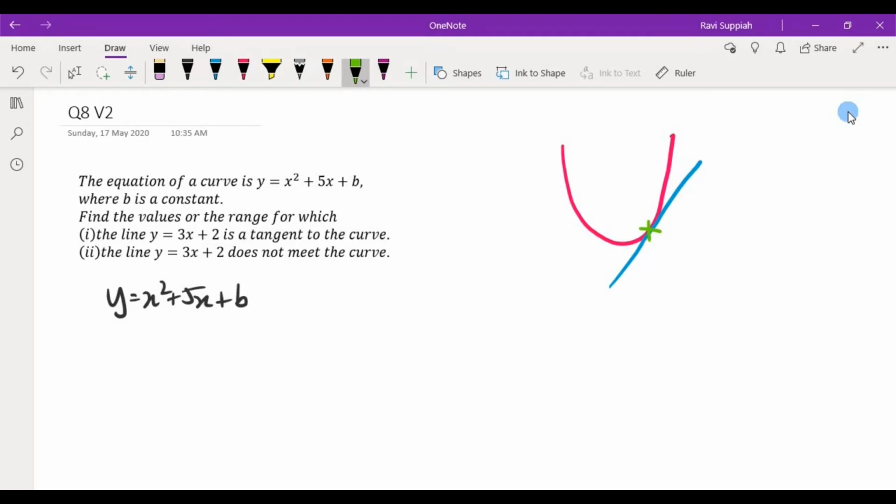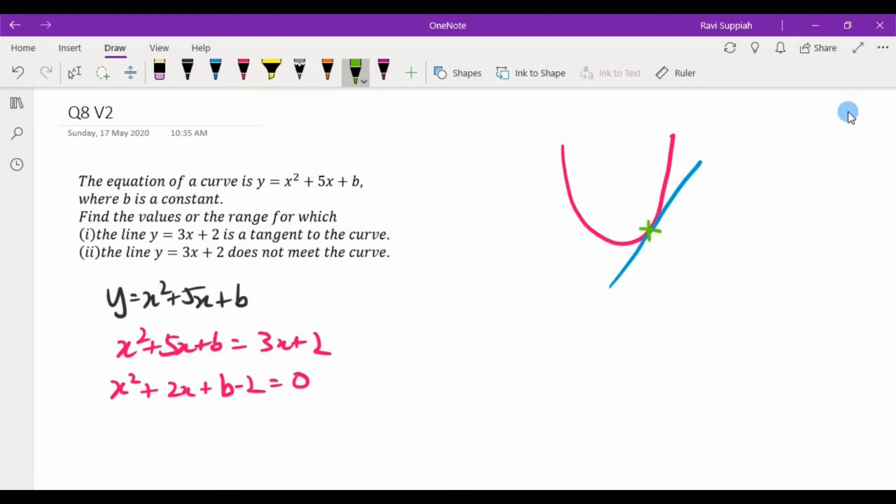To solve this using the discriminant approach, first we must equate both these expressions together, the one for the curve and the one for the straight line. So we have x squared plus 5x plus b equals 3x plus 2. Then we bring everything over to the left hand side: x squared plus 2x plus b minus 2 equals 0.